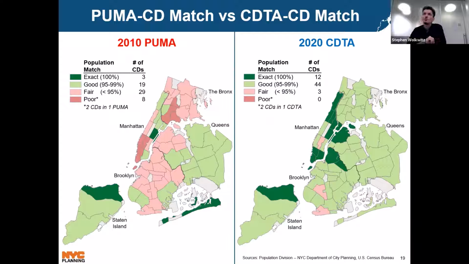So you'll notice that all but 3, we were able to get at least a 95% match. And even those 3 lowest have all improved from what they were previously with their Puma as far as matching their CD. And you can see we were able to do particularly well in Upper and Lower Manhattan, where most of those CDs we got to be an exact match.